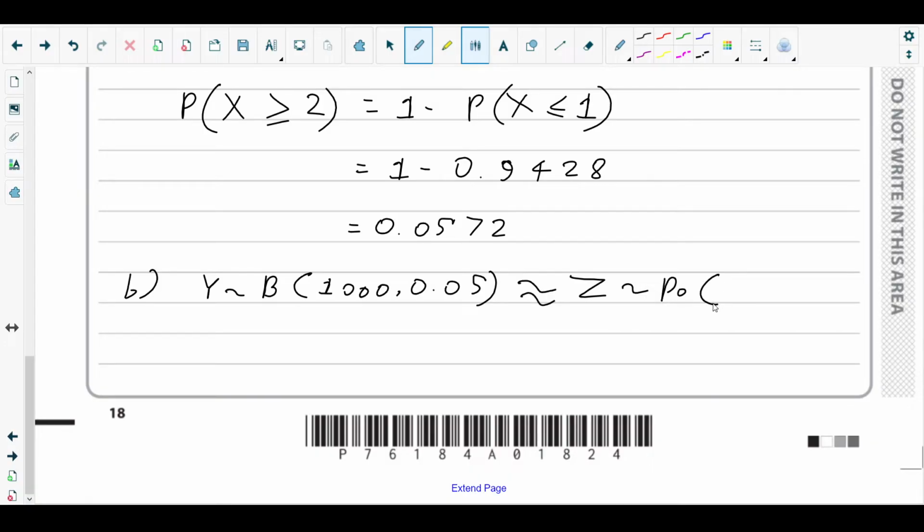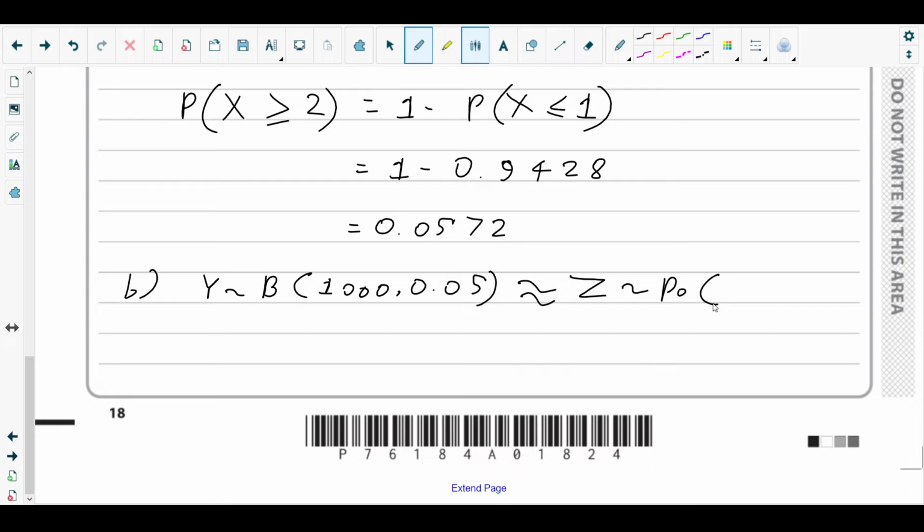Now, there's a concept from approximations. We can use a Poisson distribution to approximate a binomial distribution if n is large and p is close to 0. Why?